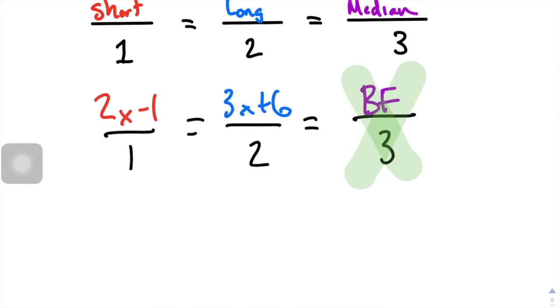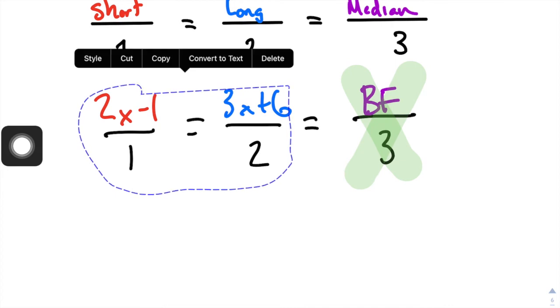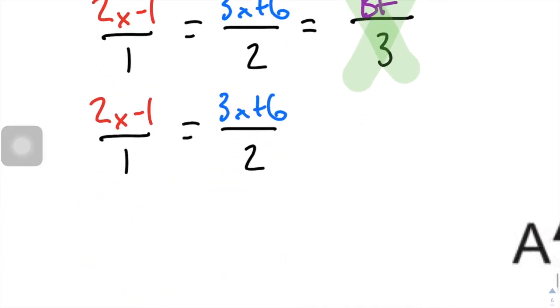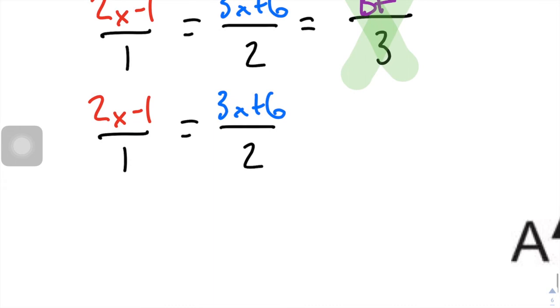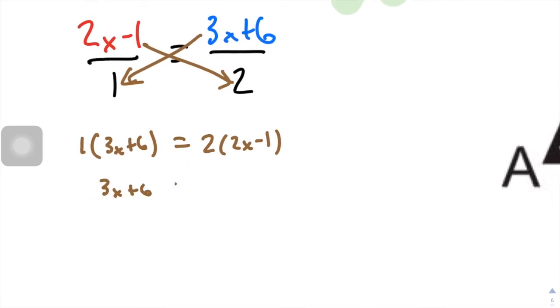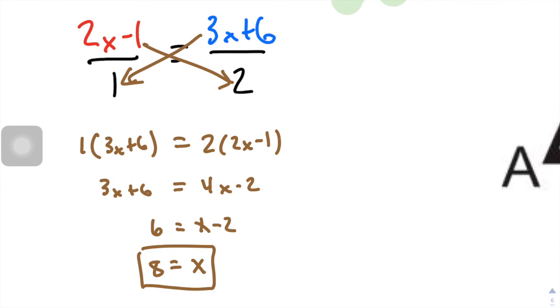So now they're already set up as an equality statement. I'm going to cut them out and solve this equation. So cross multiply and then solve for x. So we got x equal to 8.